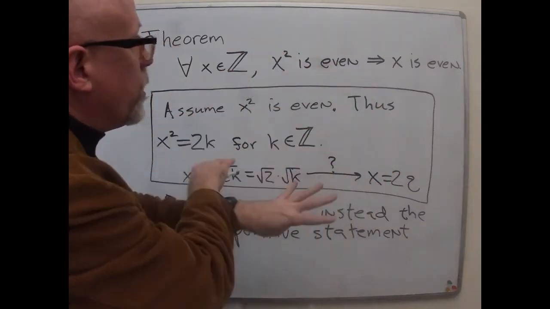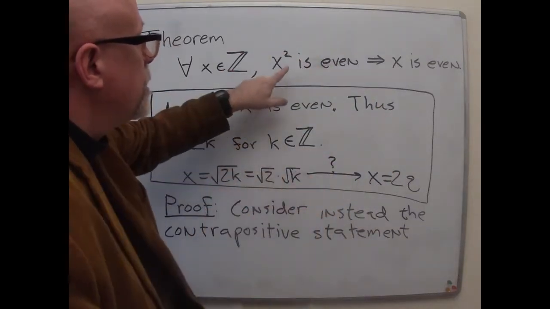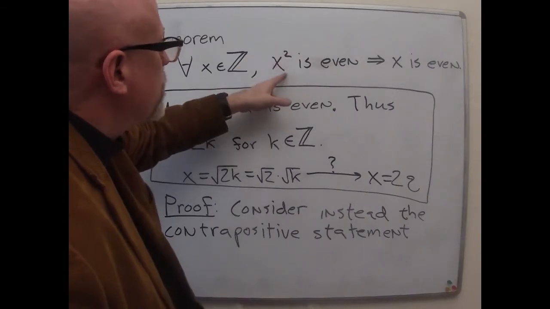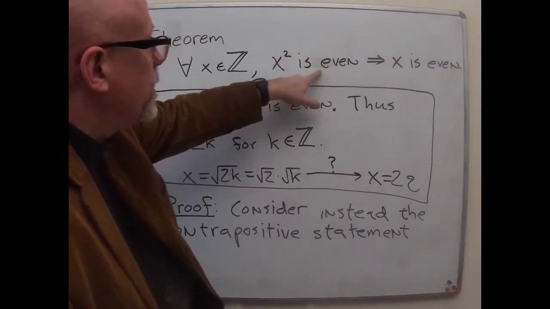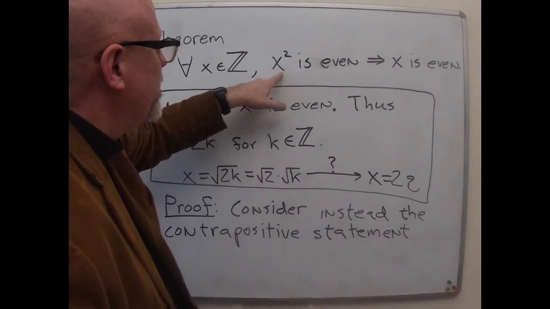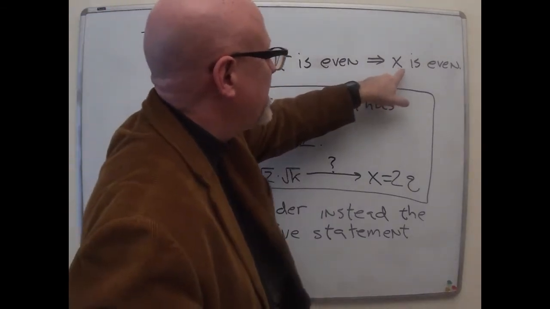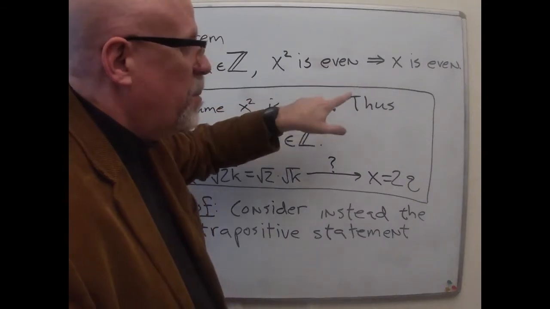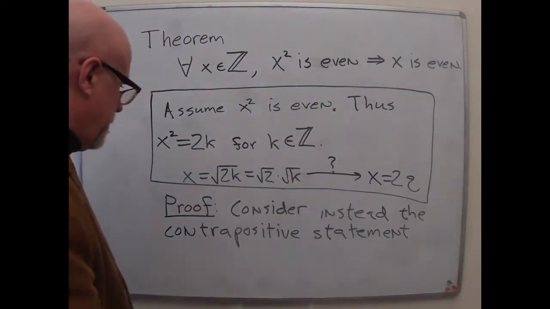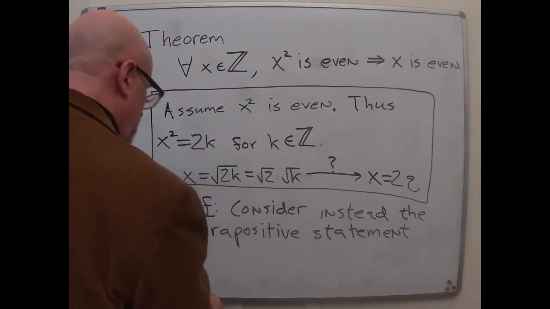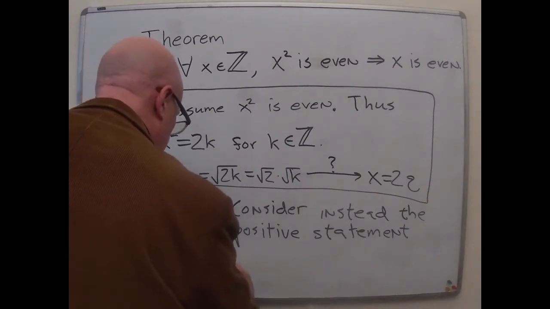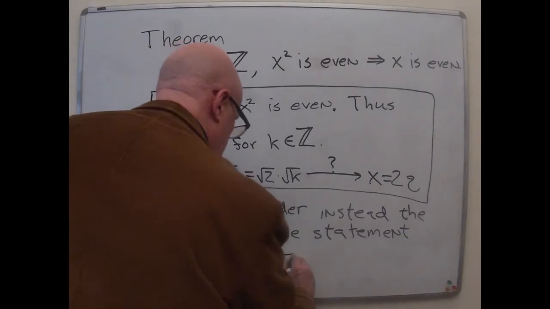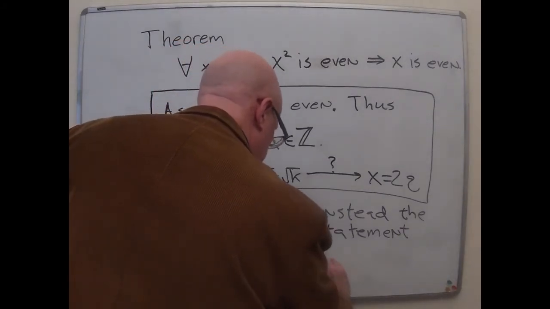We've got to flip the order around, but also negate these. Now, in the integers, you could say x is not even implies x squared is not even, but I kind of prefer to just say odd. So the contrapositive statement would be this: x is odd implies x squared is odd.